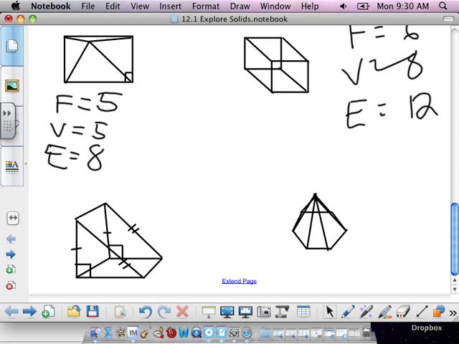How many faces do we have? 5. Okay, let's talk about the vertices. We've got 1, 2, 3, 4, 5, 6. So how many edges? 1, 2, 3, 4, 5, 6, 7, 8, 9. I got 8? Okay, I double counted. That's a 5.